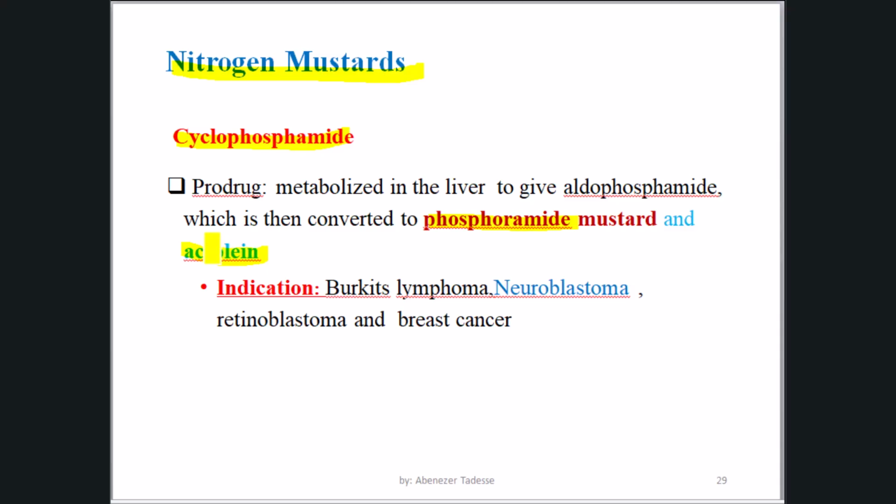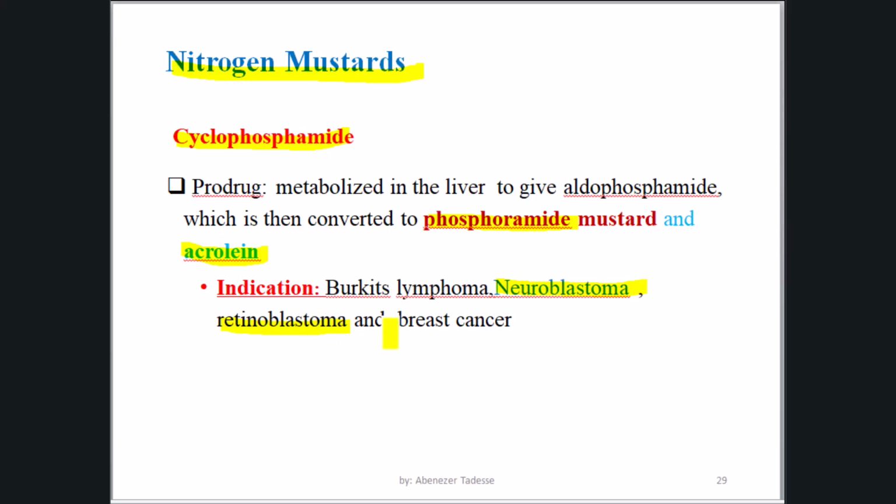Indications of cyclophosphamide include Burkitt's lymphoma, neuroblastoma, especially early childhood neuroblastoma, retinoblastoma, which is associated with retinal cancer, and breast cancer.